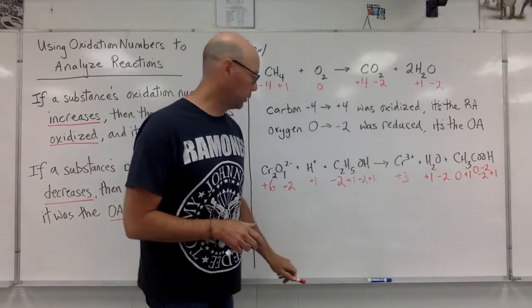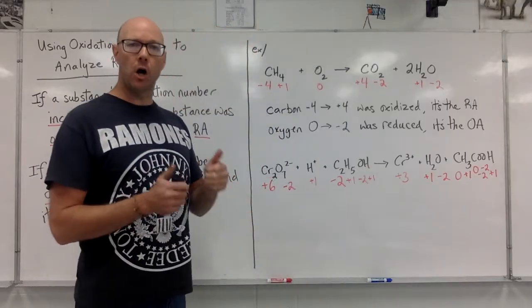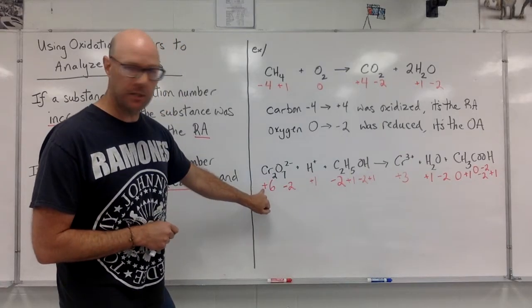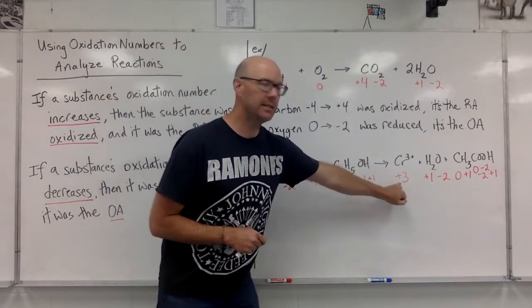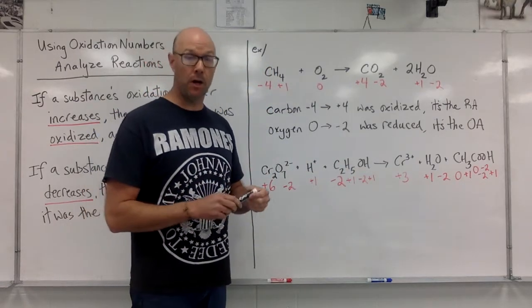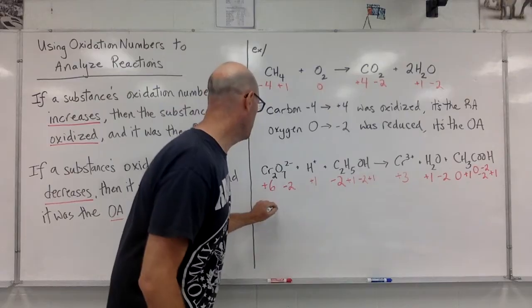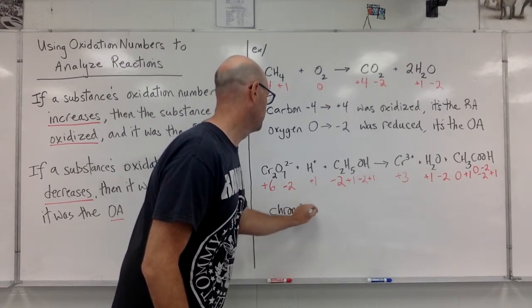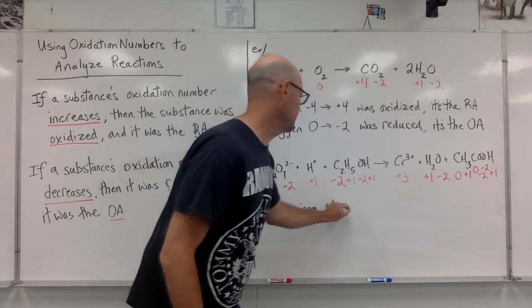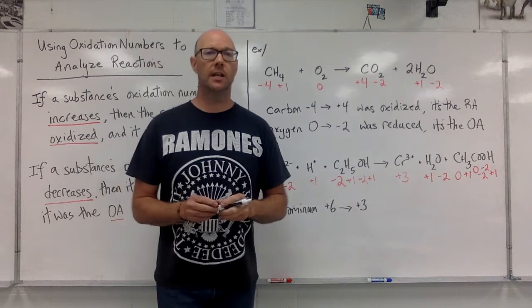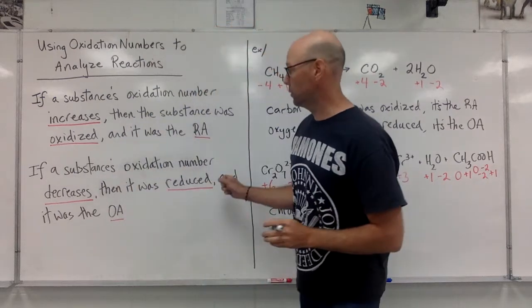Now we're taking a closer look. Is there a substance whose oxidation number changed? The chromium was at +6, and it went to +3. Its oxidation number went down from 6 to 3.